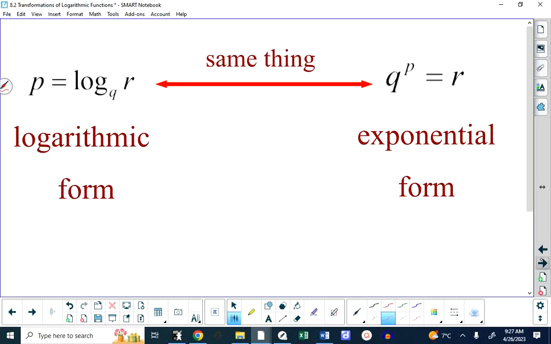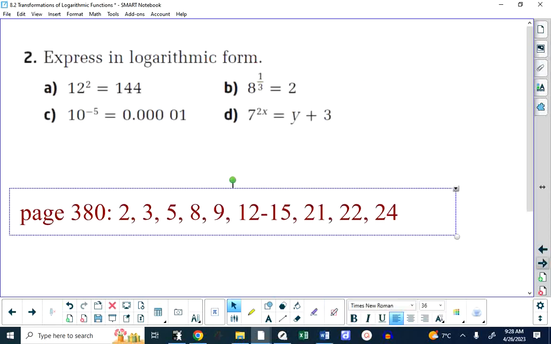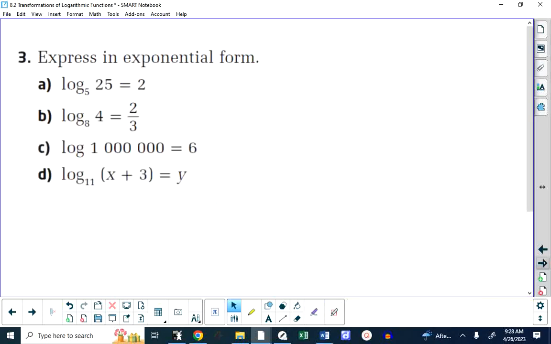If I have p equals log base q of r, then that means q to the p equals r. And as I said yesterday, the logarithm is an exponent. So this thing is an exponent. It's equal to p. That means p is the exponent.